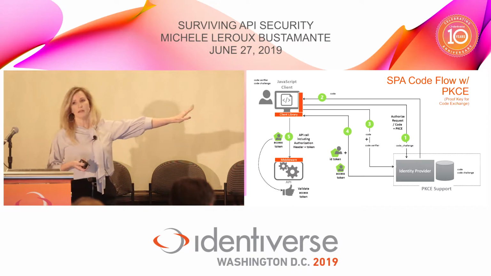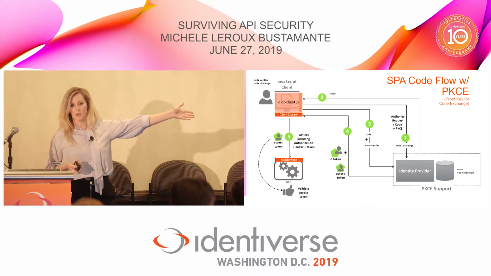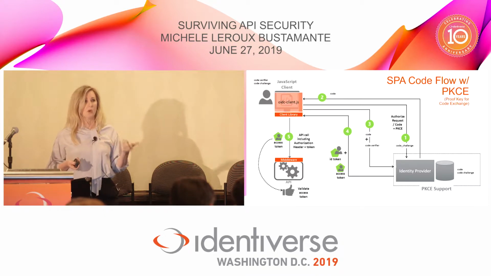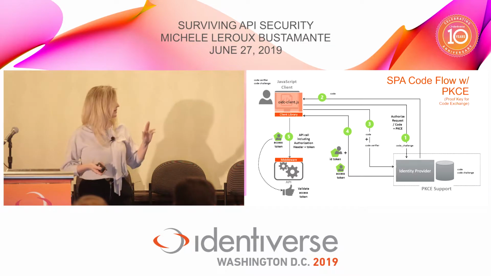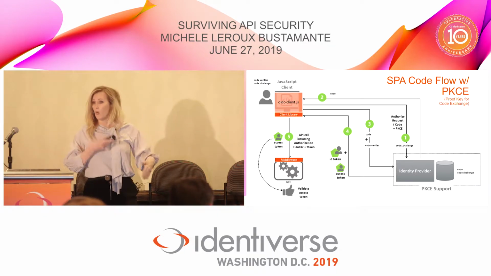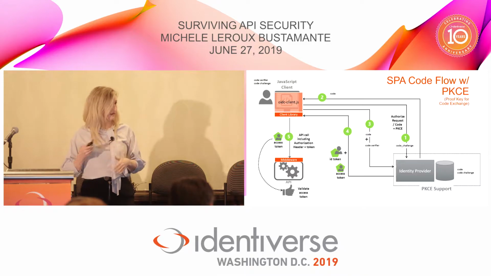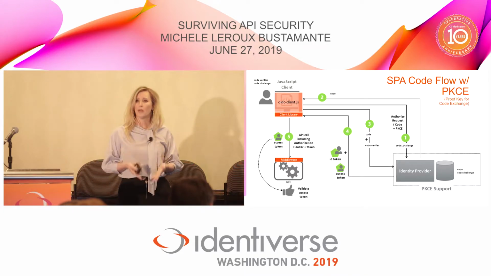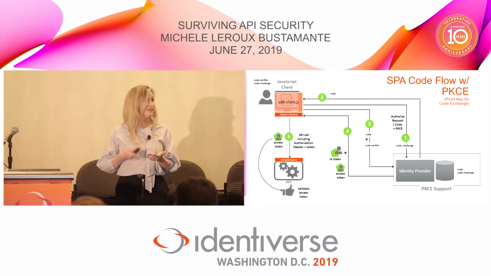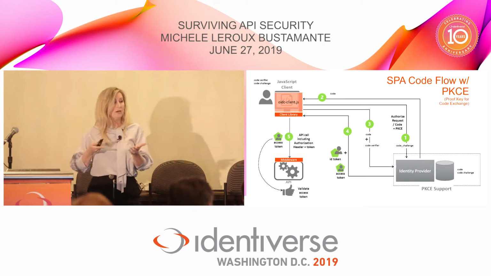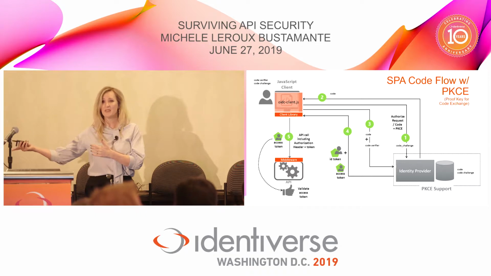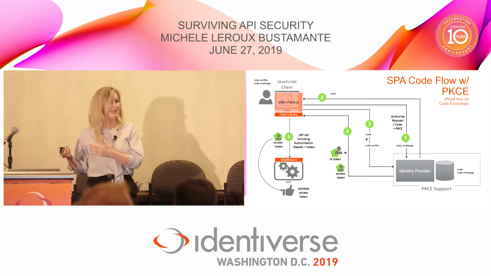So on the client side, the client libraries that we could use, for example, could be the oidc-client-js. This is an open source library by Brock Allen, my partner in the security practice, and that handles the whole Code flow PKCE dance. It handles loading up an iframe to renew the session silently. It handles even logging you out if you logged into another browser and created another session at the identity provider.